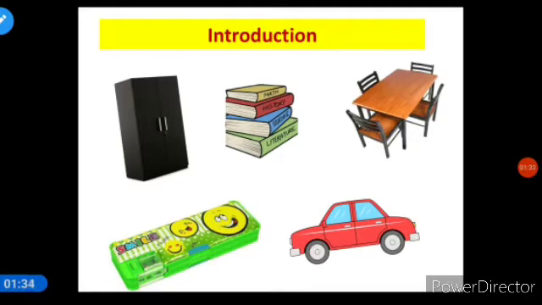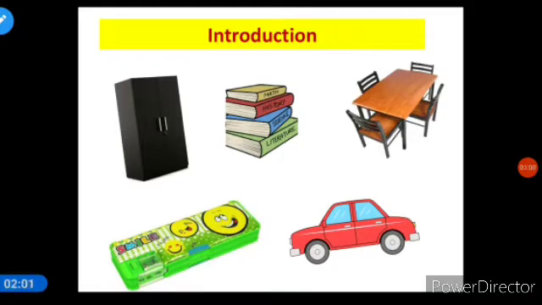If you just take one example of your eraser, if you pick up the eraser, you feel some weight in it, and if you place that eraser in your geometry box, it occupies some space in it. It means anything which is present in our surrounding has some weight and occupies some sort of place.